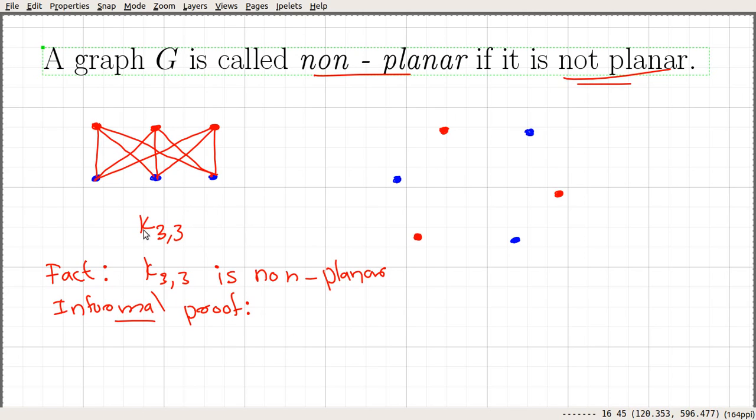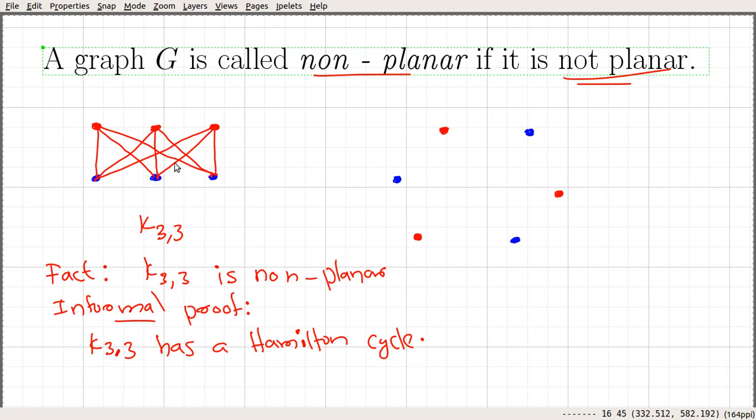Here we can very easily see that this graph has a Hamilton cycle. For example, you can go from here to here, then here to here, here to here, and back. So very easily we can see that K33 has a Hamilton cycle.